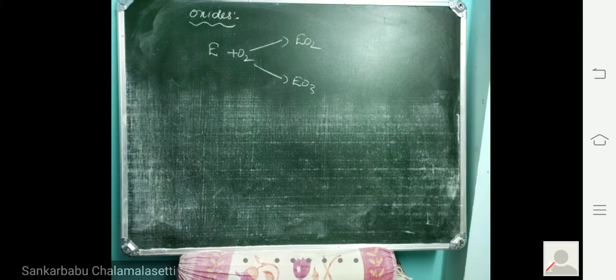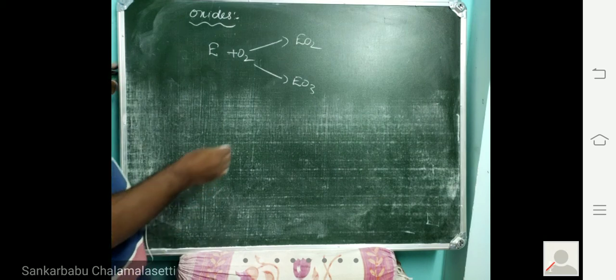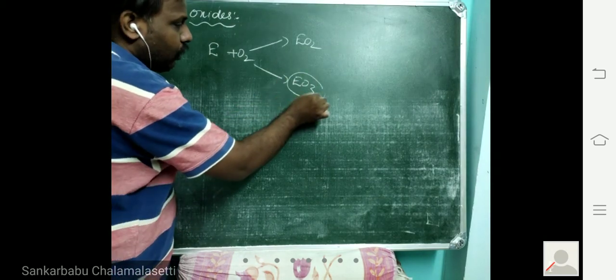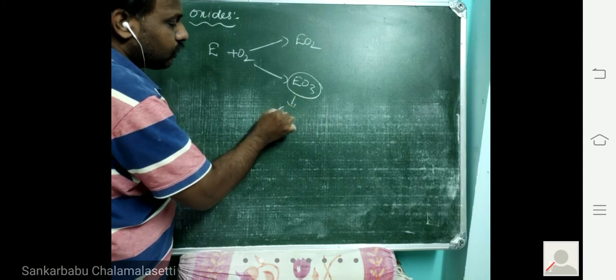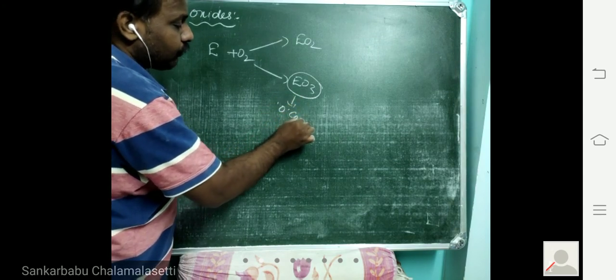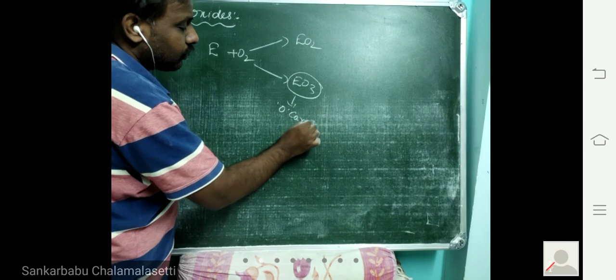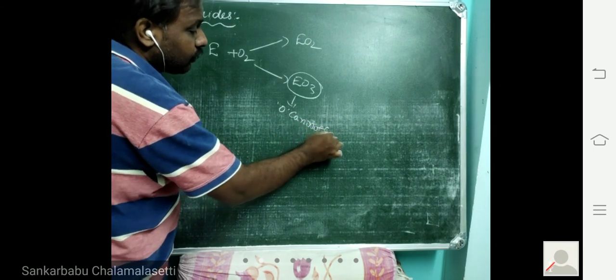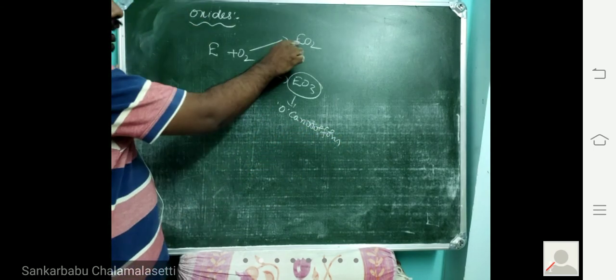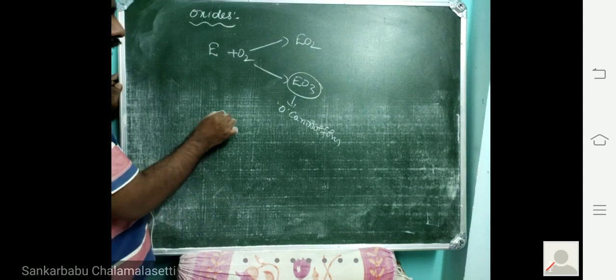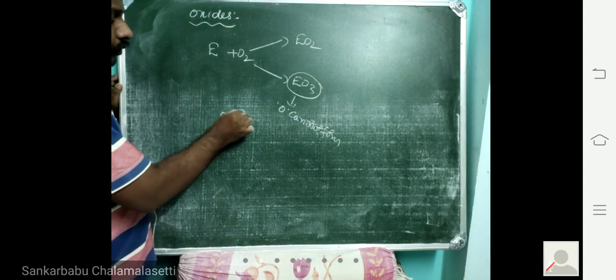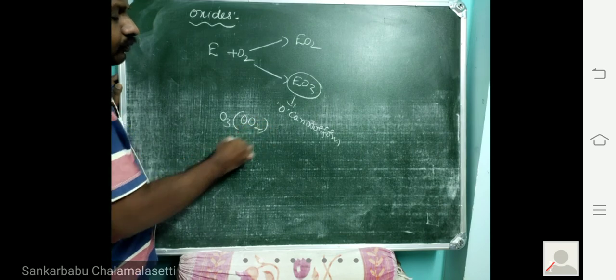One is dioxide, another one is trioxide. Oxygen cannot form a trioxide. So the dioxide formed by oxygen is nothing but O3, which we can write as OO2.